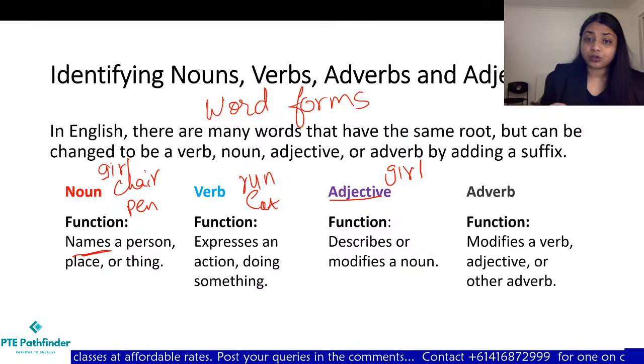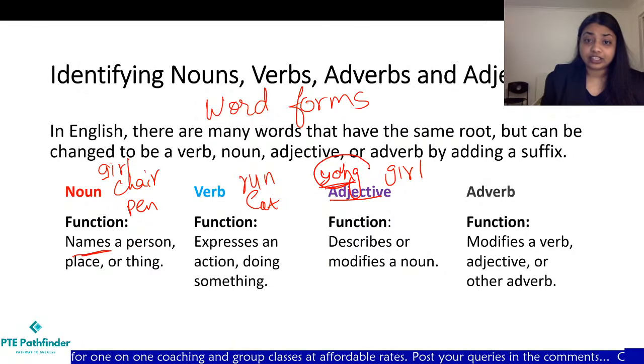And if I want to talk in detail what kind of girl, then I would use an adjective before that particular noun. So if I say young girl, so in this case, young is an adjective. If I say chair, then what kind of chair? If it's a black chair, green chair, so that words black and green, they are adjectives.